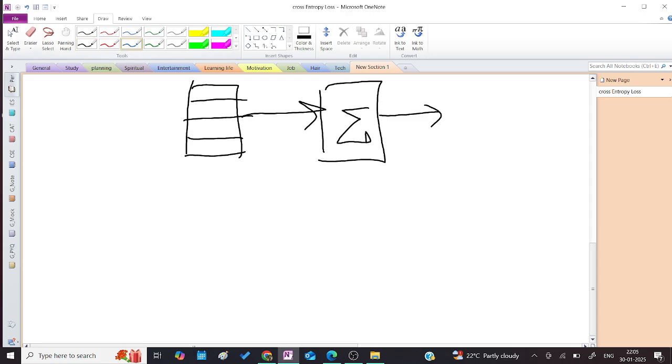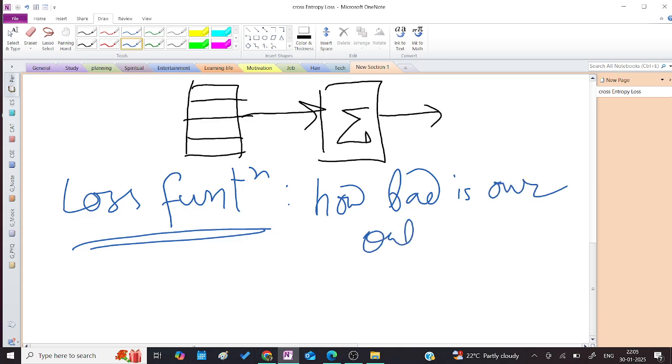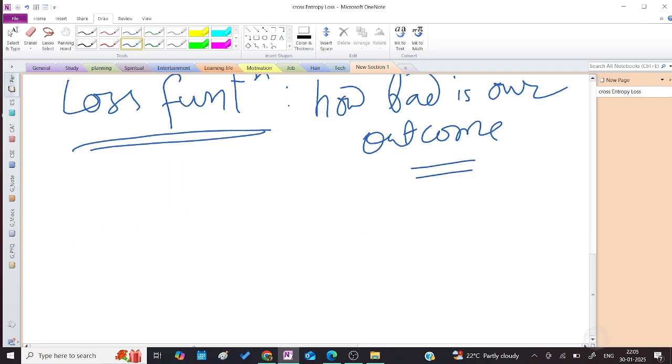So let us define one more term, the loss function. So what is a loss function? A loss function actually defines, in layman's language, how bad our outcome is, right?